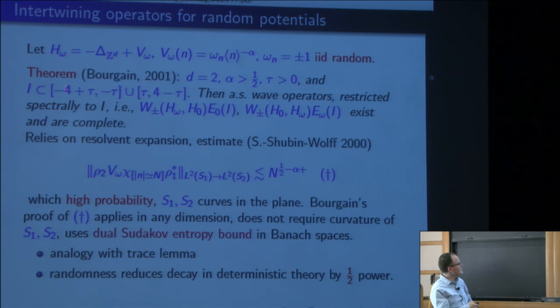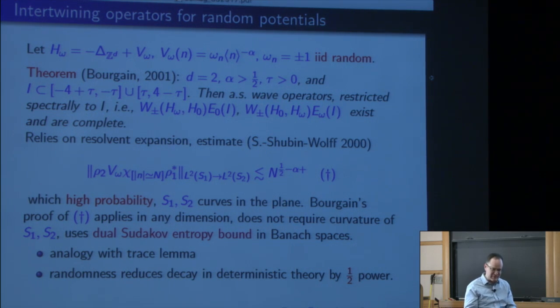And it's also the reason why he has to cut away the middle of the spectrum. This is counterintuitive, that he has to cut away the center of the spectrum. And the reason is that if you look at the symbol, the Fermi surface is nasty there. It's just a square, and he wants a diffeomorphic change to make it nice and round. So it's a technical issue. It's a little bit unnatural.